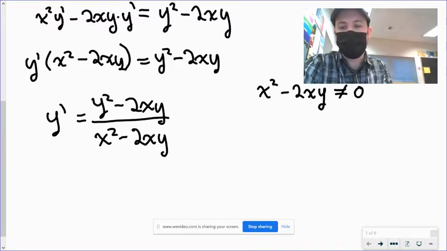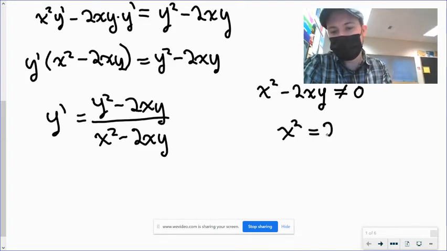So let's go ahead and define this in terms that we might understand more simply. I'm going to add the 2xy to the right, dividing through by 2x. I get y is equal to x squared divided by 2x.